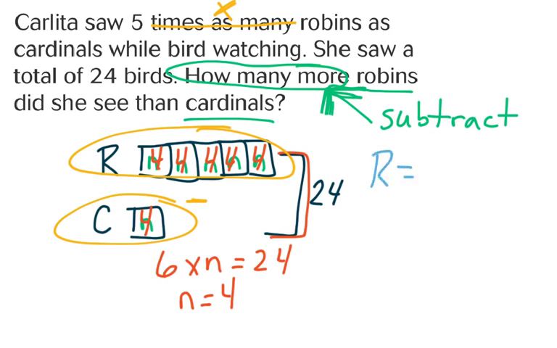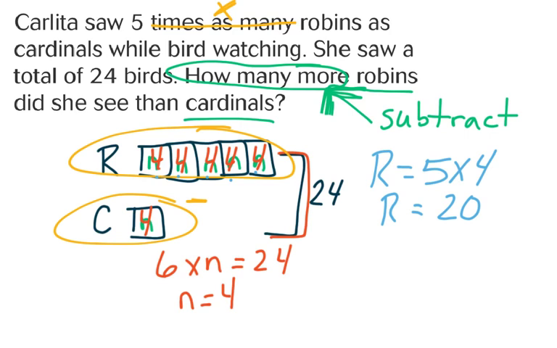So in order to solve for my robins, I need to figure out how many 4s I have. My 4 was my n. I have 5 4s, so that's 5 times 4. So for my robins, I have 20 of them. My cardinals I've already solved for.